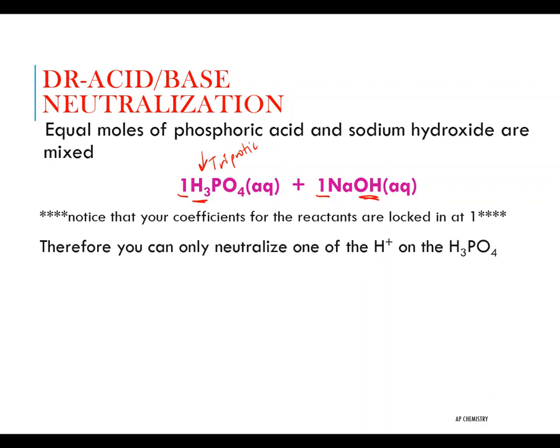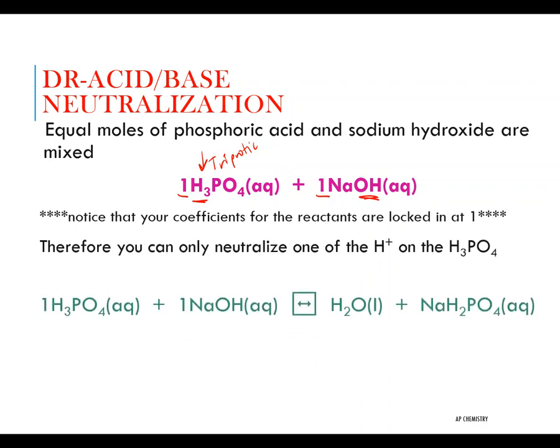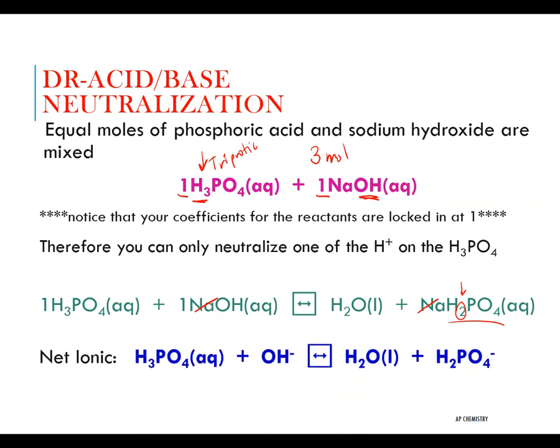So the resulting product is going to be the dihydrogen phosphate. If we wanted to get all of them off and remove all of the hydrogens, this would need to be 3 moles to the 1 mole. But it's not here. We're saying 1 mole to 1 mole. Once again, though, the sodiums are going to cancel because those are spectators and they're always soluble. So you would end up with your phosphoric acid, which is a weak acid.